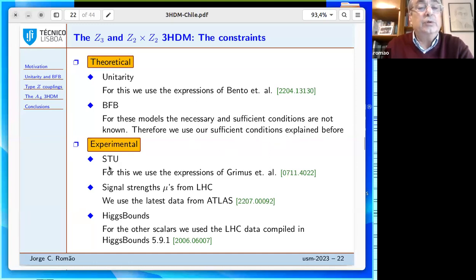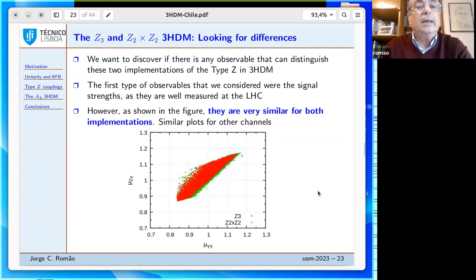For the experimental constraints, you use the STU constraints, taking the expressions from the well-known paper by Grimus. For the signal strengths, you take the latest results from ATLAS, and for the other scalars, you use the HiggsBounds software to discard points which do not fit the LHC data.